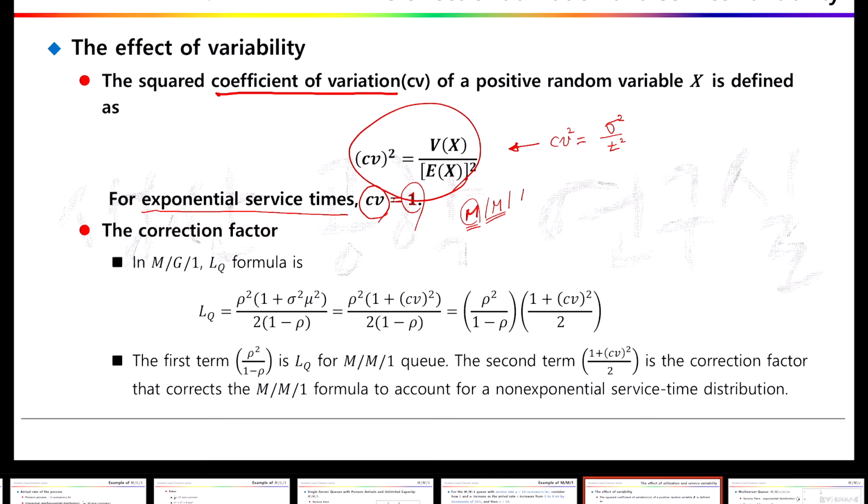Conversely, if the M is written in Kendall notation, it means that the arrival and service times follow the exponential distribution, and the relevant coefficient of variation is 1.